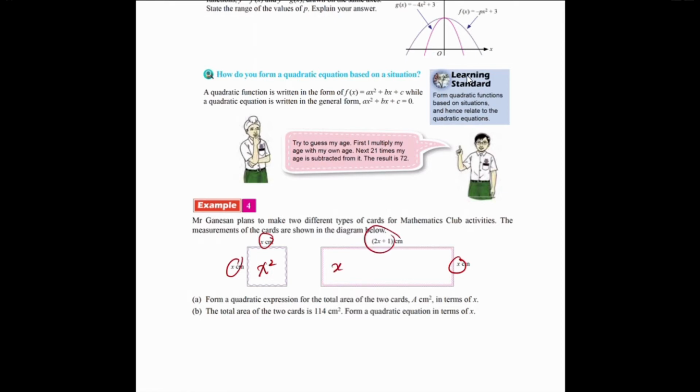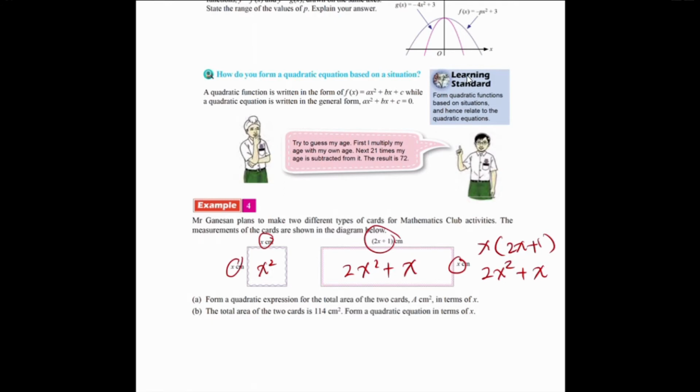So x multiply with 2x plus 1, you get 2x squared plus x.